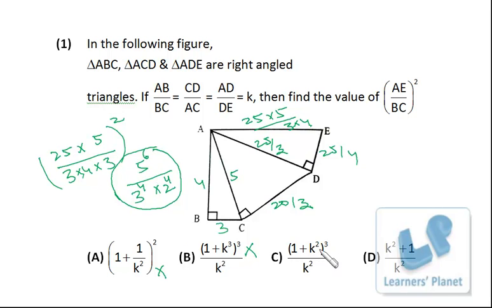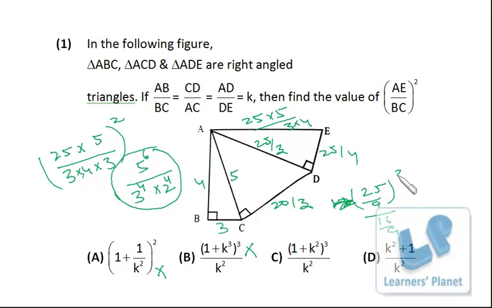Now (1 plus K square) and then whole cube, so K is equal to 4 by 3, so 4 square by 3 square, that is 16 plus 9, 25, and yes, it may give the correct answer, so I just do it carefully. So 1 plus 16 by 9, that is 25 by 9, and K square is 16 by 9, right?